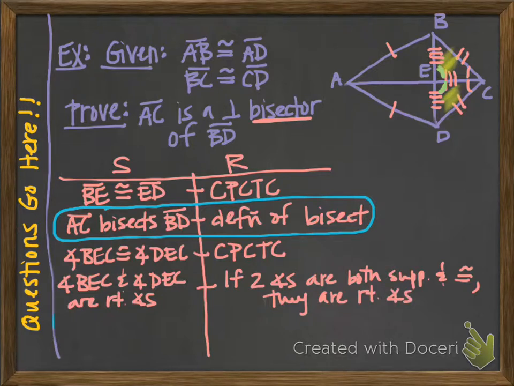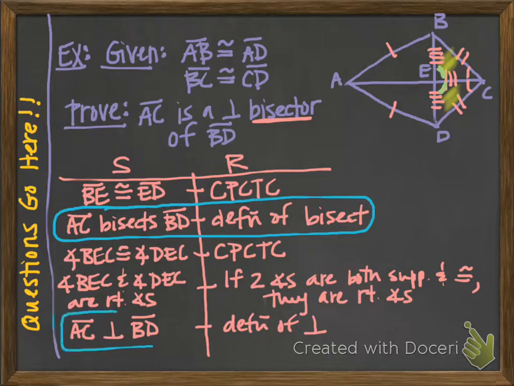Okay, and if they're right angles, we can say that AC is perpendicular to BD, which is the second part of our proof statement. AC perpendicular BD, definition of perpendicular, and we are done because we have the two parts of our proof statement.